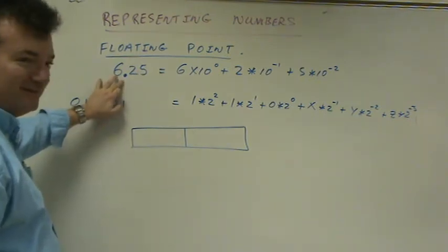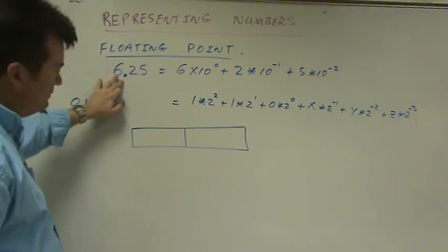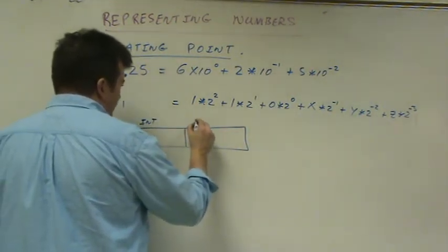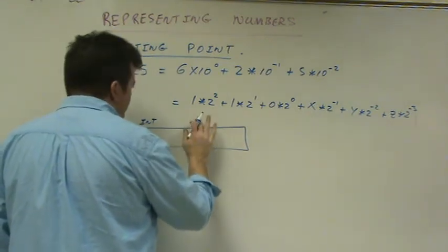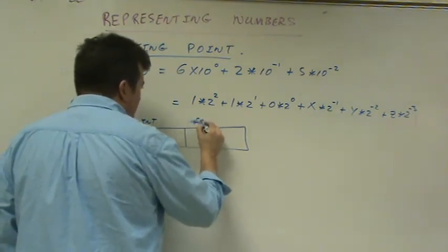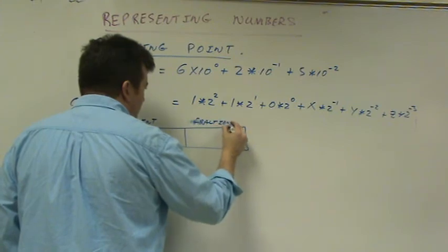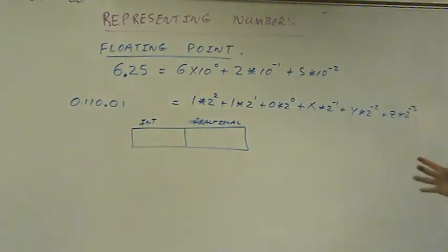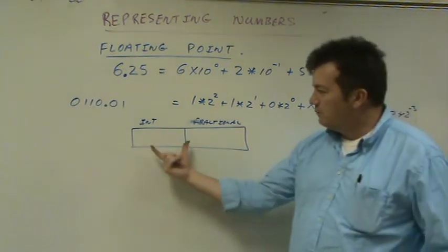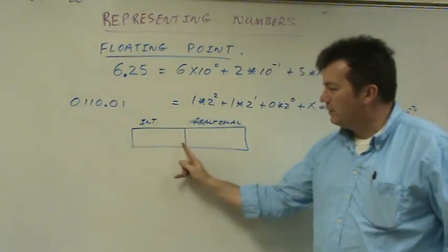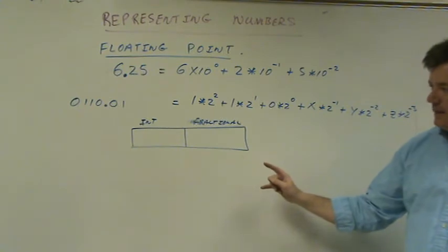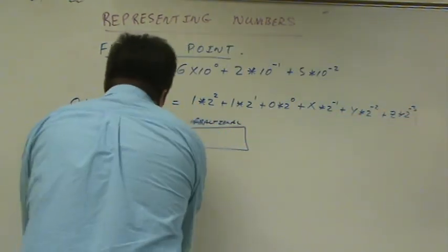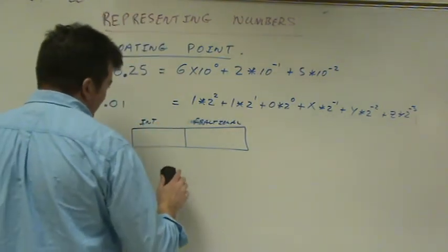The integer part, and then the fractional part. So one way we could represent floating point numbers is the part before the decimal and the part after the decimal. It's one way we could do it. But that could get clumsy when it comes to multiplying and stuff like that.